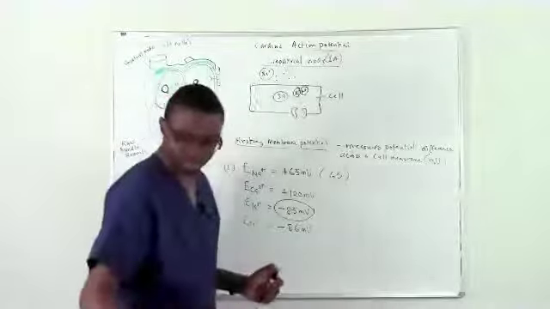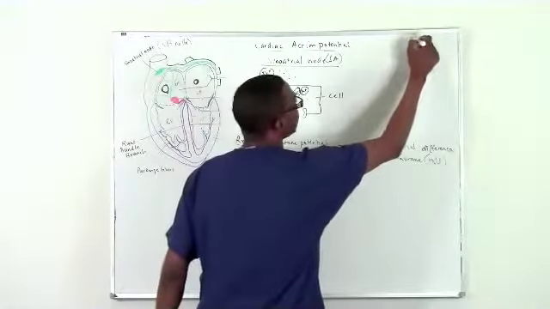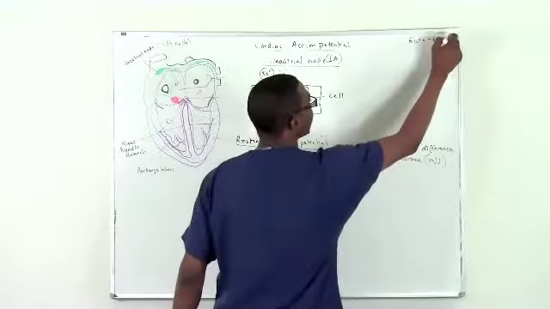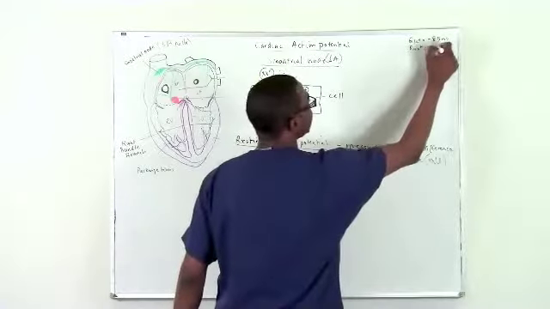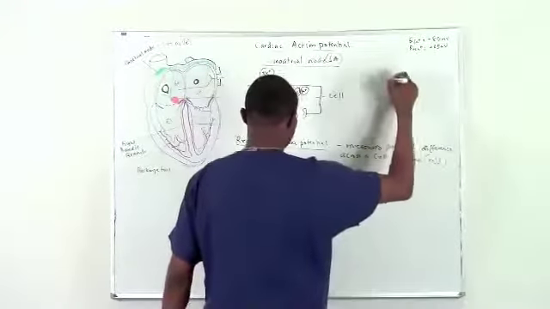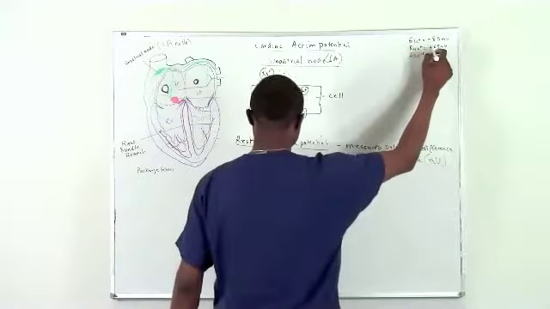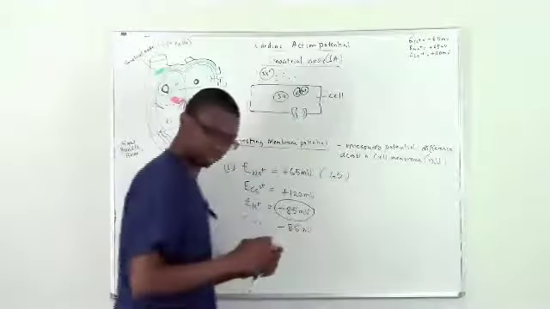I'm just going to write on this side of the board because I'm going to need some of these values. Let's put potassium here, which is negative 85 millivolts. Let's put sodium, that is positive 65 millivolts. And let's put calcium, that's positive 120 millivolts.